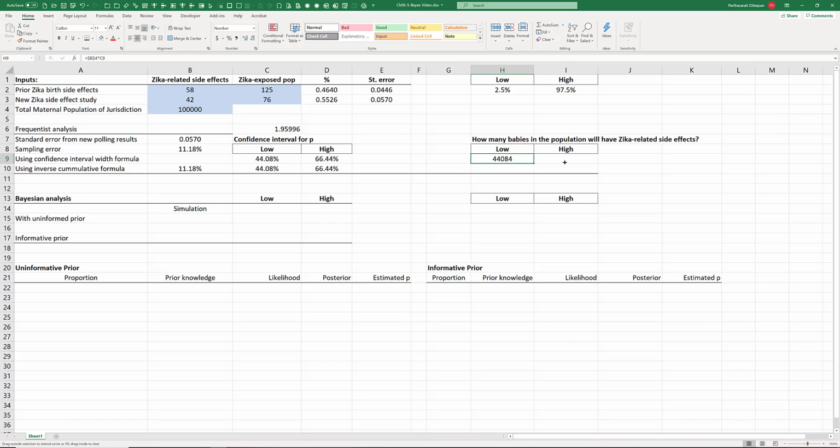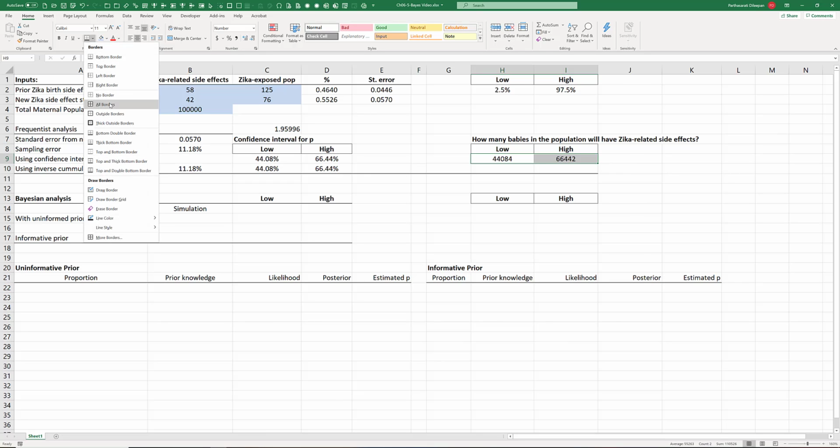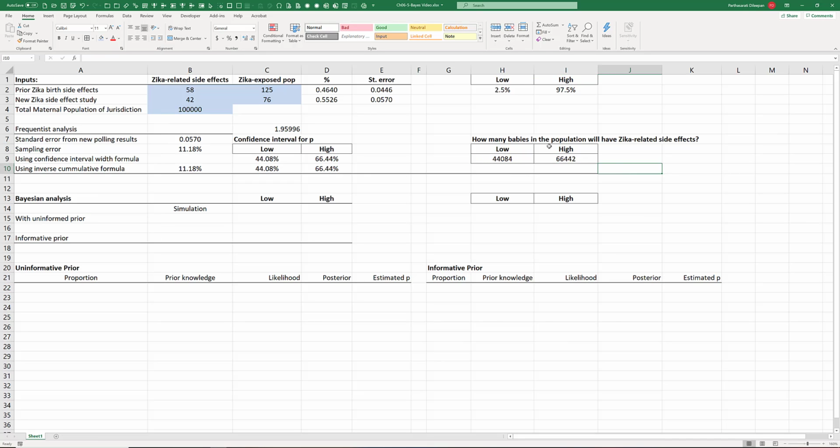And then, okay, that would be the number of babies that will be affected in a population of 100,000. So in this approach, we are not doing any simulation. It's a straight parametric method where we use formulas to come up with standard error and sampling error, and then we have our estimate. Obviously, there is not a whole lot of confidence in this because it is based on one single study of 76 exposed mothers.